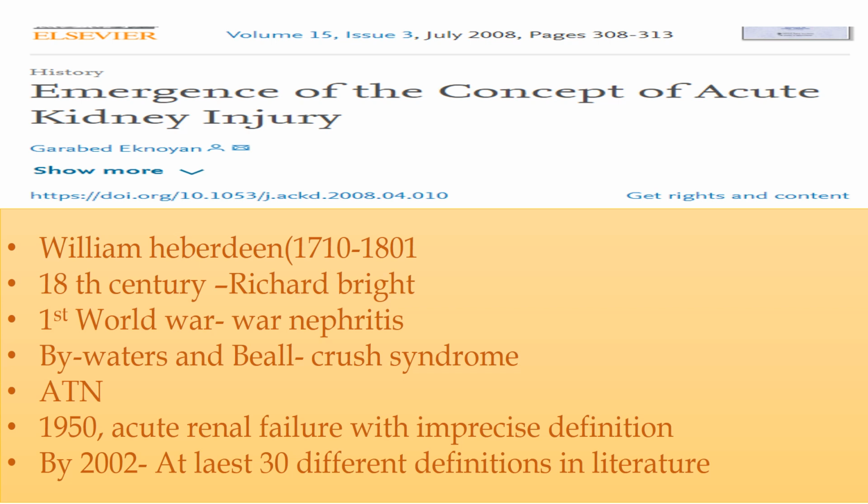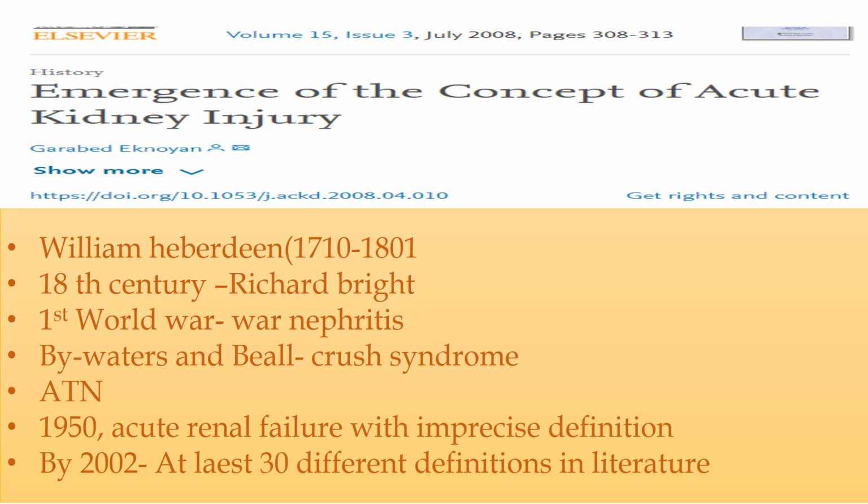So by the 1800s, we had a description from William Heberden, where he described patients with reduced urine output in his textbook and associated clinical features in these patients.